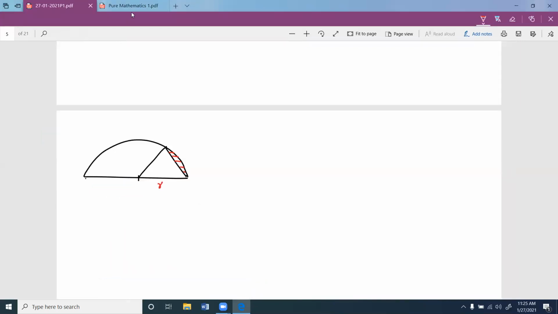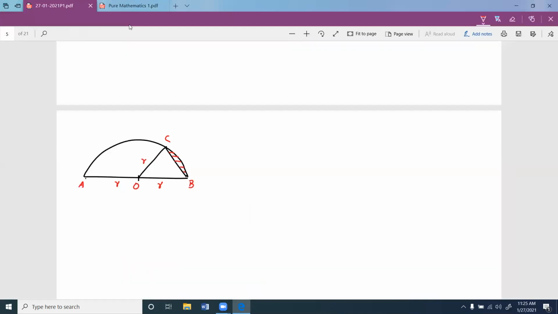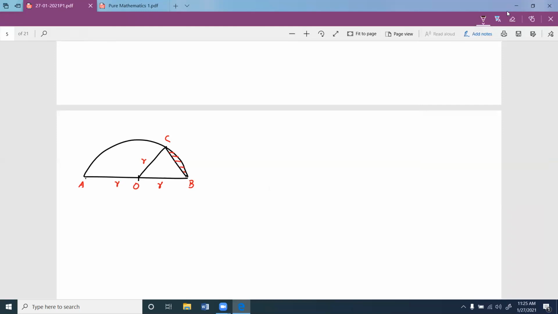This is R, and this one also R. They mention the area of the triangle AOC, not the whole thing. This bit of it, taken as the minimum amount, this blue colored amount is 3 times the shaded region.